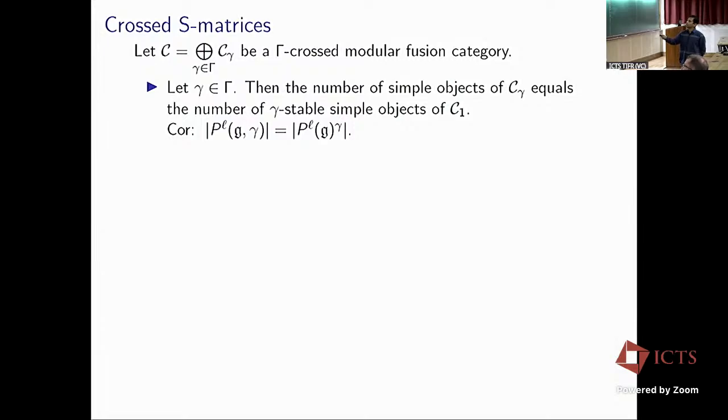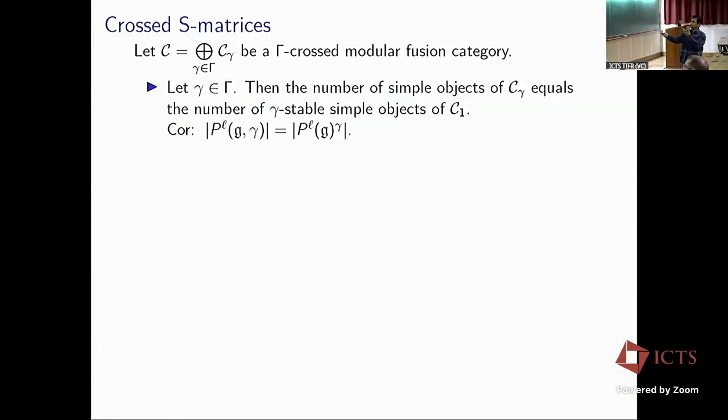Basically, this says that the number of level L integrable, irreducible representations of a gamma twisted algebra is the same as taking the simple objects in the untwisted one, but only those which are fixed by gamma.